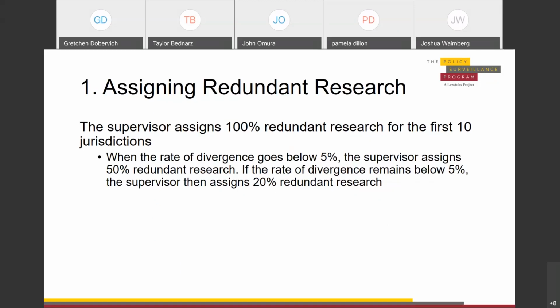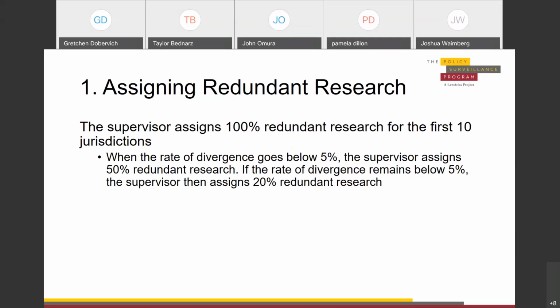This is because we haven't clearly defined the methods for collecting the law, and the researchers themselves may be inexperienced with the body of law or the area of law, and the potential for error is high at that point. Once these methods have been clearly identified, including more clearly identifying a search strategy in your research protocol, the amount of redundant research may be reduced as described on this slide.